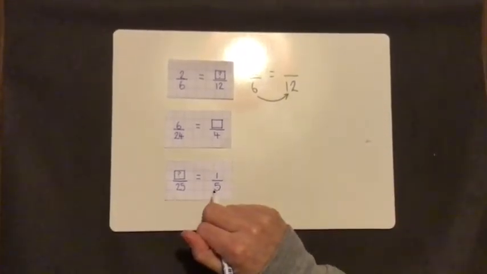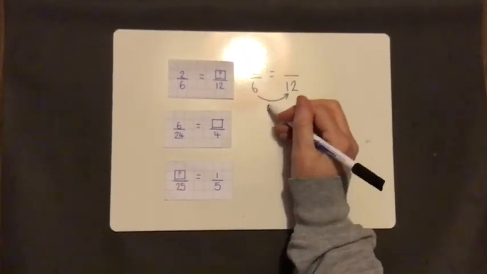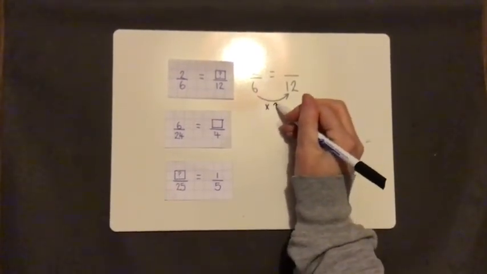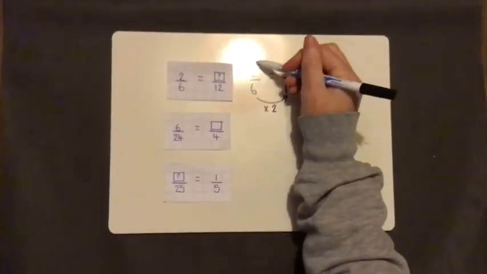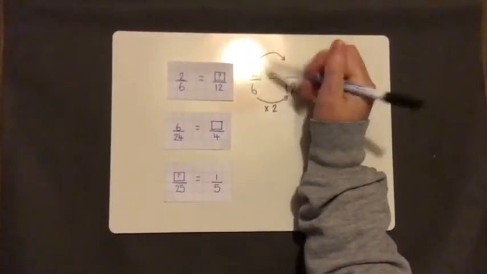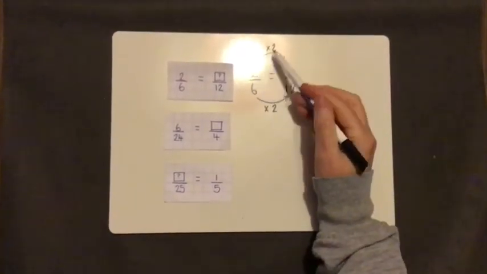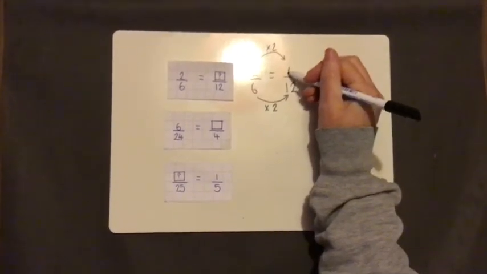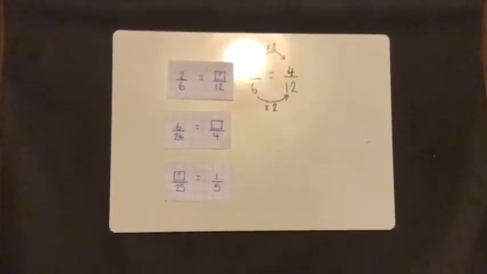Using our 6 times table, we know that 6 times 2, or 2 times 6, equals 12. Whatever we do to the bottom, we need to do to the top. So we're going to times this by 2 as well. 2 times 2 is 4. So our missing numerator is 4/12.